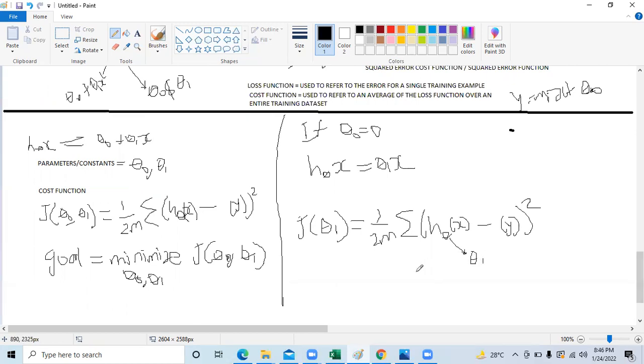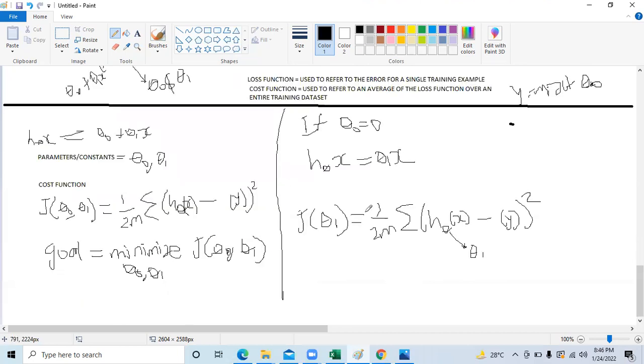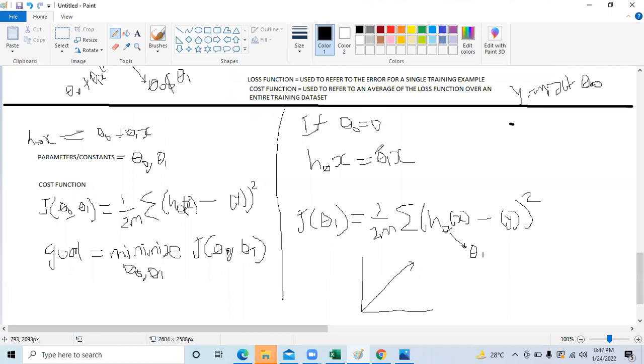Of course, from here, you remember that when our theta 0 is 0, we always start from the origin. So we're going to start from the origin here. Once again, we have a linear regression model where theta 0 is 0.